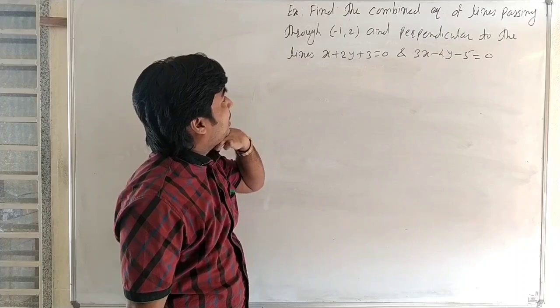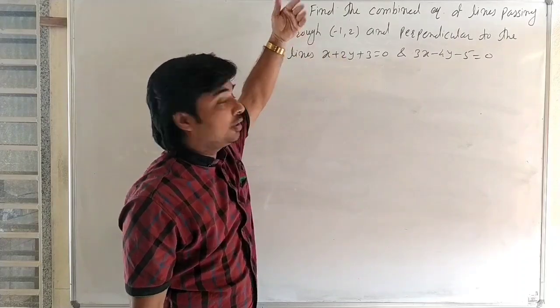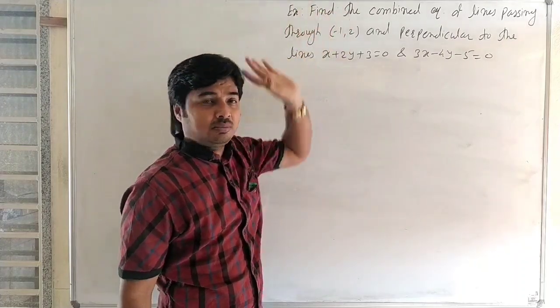Therefore, first we find the slope of these lines, then the slope of the required lines, and then the required combined equation.